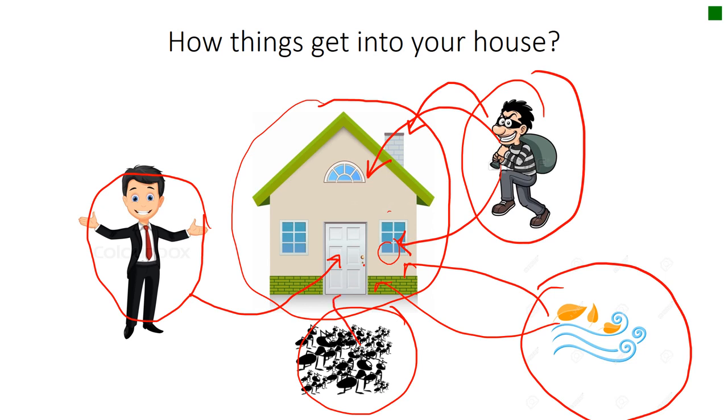They can sneak through beneath the door to get into the house or sneak through the small opening in the window to enter the house. From this illustration, you can see that the method to enter the house consists of many ways. It depends on who will go into the house. All right?